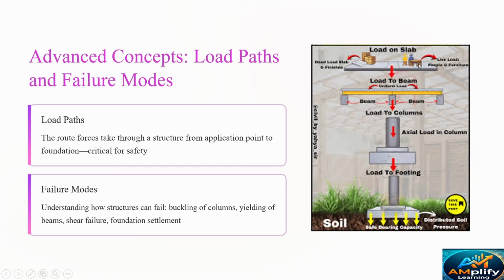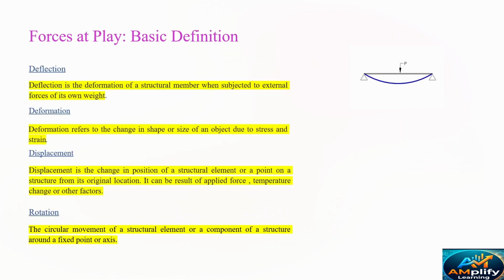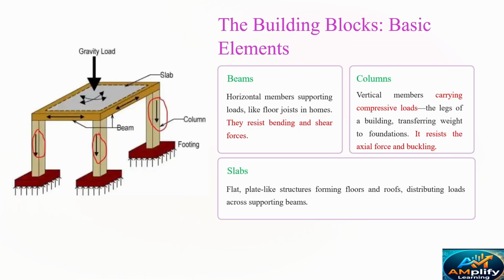First, the load is coming to the slab, the floor or roof section. After that, it transfers to the surrounding beam, which is the horizontal member.